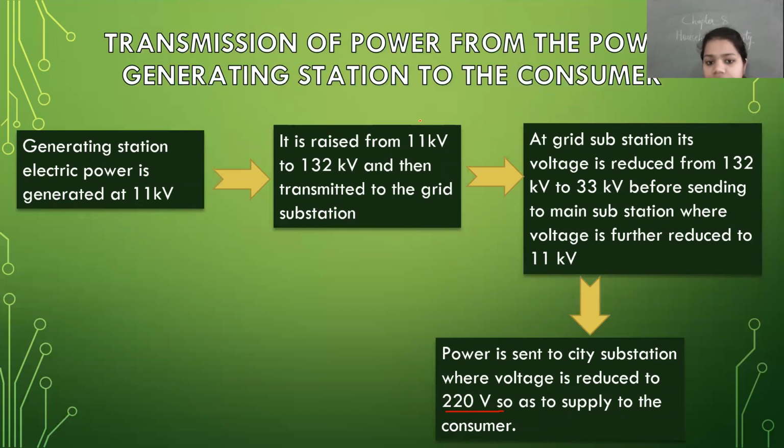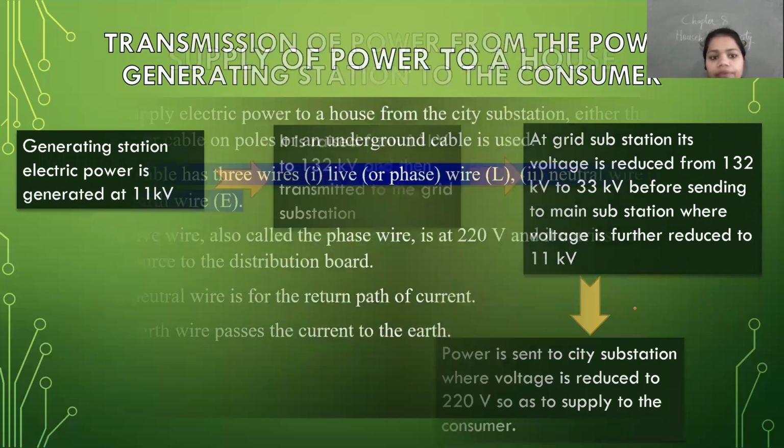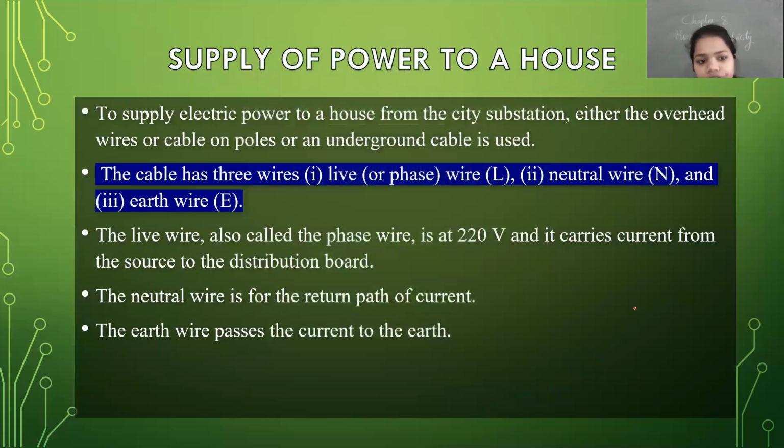The power is raised so that there will be less loss of power during transmission, since the generating station is located far away. And thus, finally, it goes to the consumer at 220 volt.